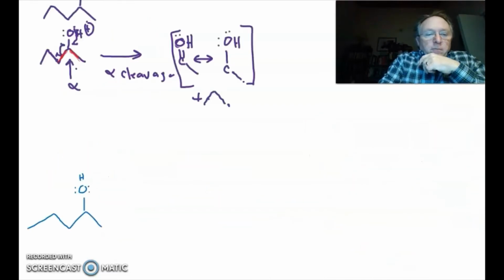So I want to clean up a little bit here. So this oxonium ion carries a positive charge on the oxygen, and in the resonance structure, the positive charge is here on the carbon.